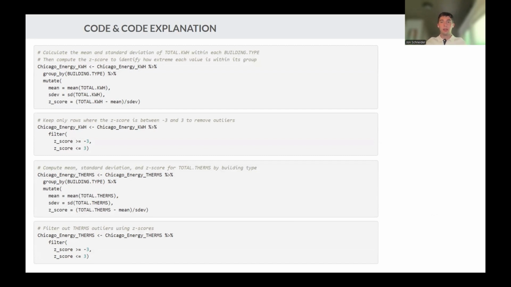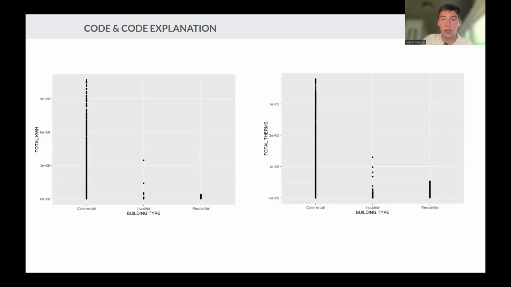So any observations with z-scores greater than 3 or less than -3 were removed from the data set. And that helped a lot.